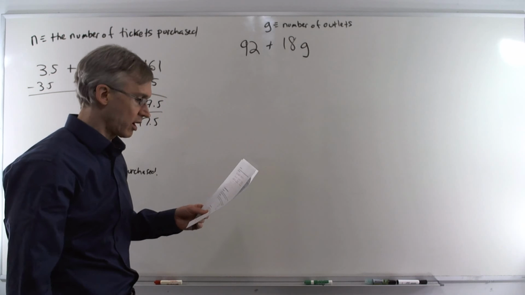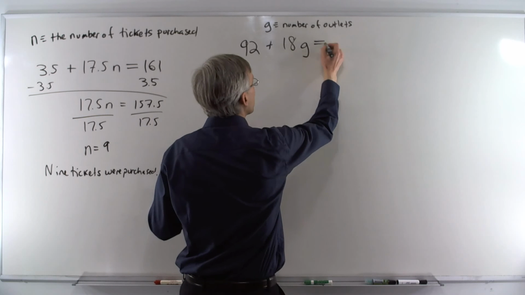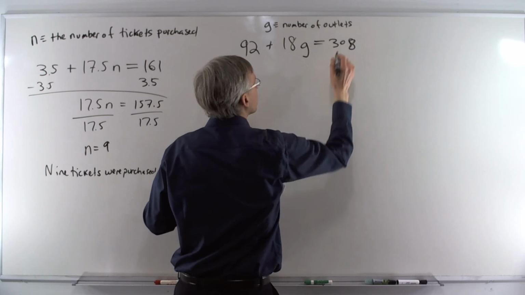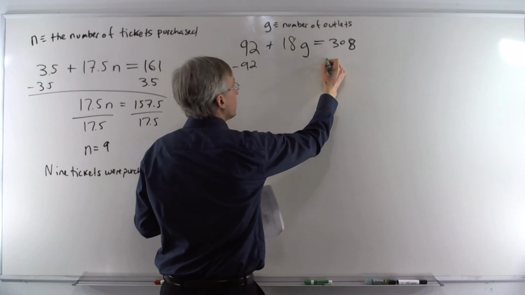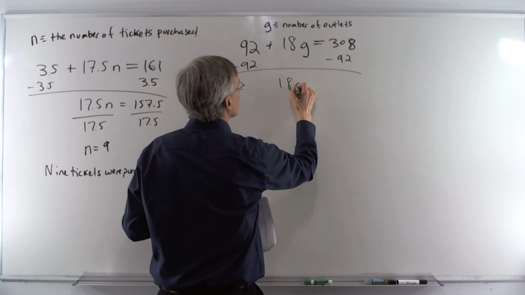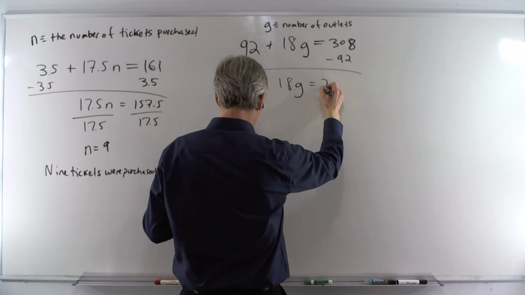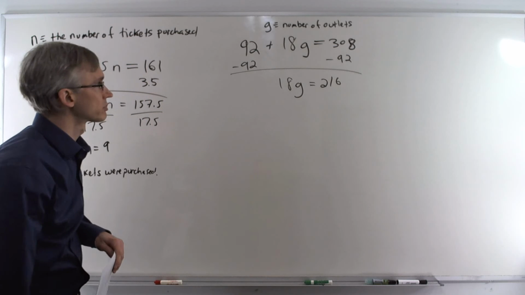All right, so there's our total cost, and the total cost is 308, so it equals 308. We'll start by subtracting the constant from each side. So 18G equals 216.